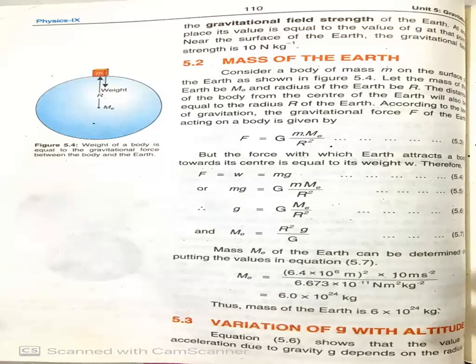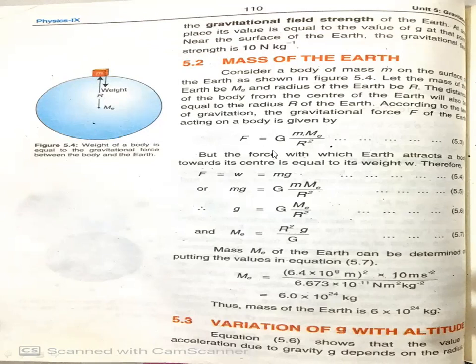Since the body is lying on the surface of the earth, it is not at some height, so its distance is capital R. Again, I repeat: the mass of the body is denoted with small m, the mass of the earth is denoted with capital ME, and R is the distance between the center of the earth and the body. Since the body is lying on the surface, its distance will be capital R, where R is the radius of the earth.